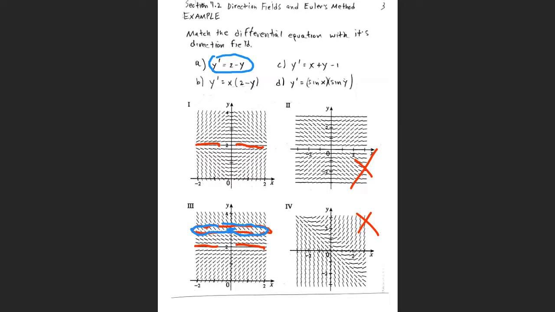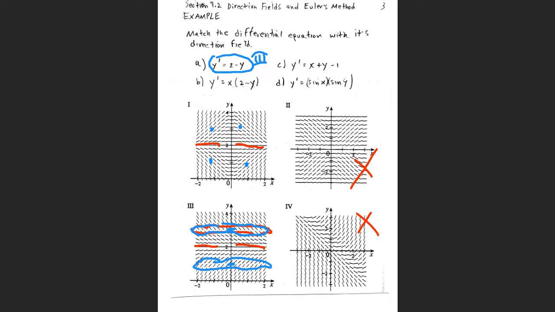And if you look down here, pick a y value, and again the slopes are all the same for that y value. But in the first graph, that's not the case. In the first graph, it seems that the slopes of the tangent lines are not dependent on y alone, but also on where x is. So it has to be choice 3. You see that?